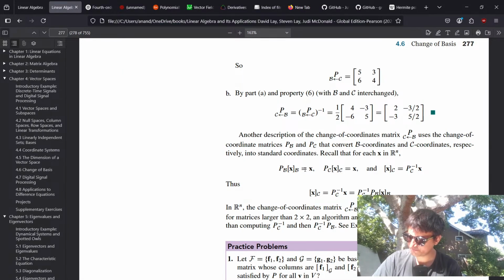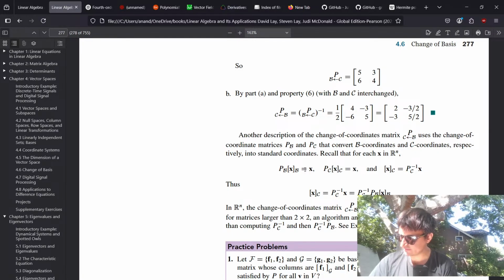Since PB times XB equals X and PC times XC equals X, we also get that XC, which is X in terms of C, is equal to PC inverse times X. Then to get XC, we can take XC equal to PC inverse X, which is equal to PC inverse times PB times XB. All right, so that's pretty straightforward, actually.